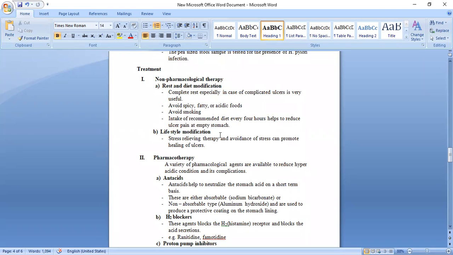Okay. Now see the lifestyle modification. We have to modify our lifestyle. Stress relieving therapy, always stress relieving therapy. Early in the morning, you have to do meditation for charging our battery, isn't it? We are not charging ourselves. So stress relieving therapy: if you like to listen to music, if you like to enjoy something else to relieve the pain, whatever you like, you have to do it, isn't it?